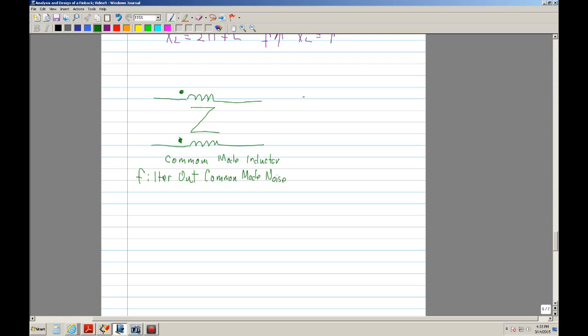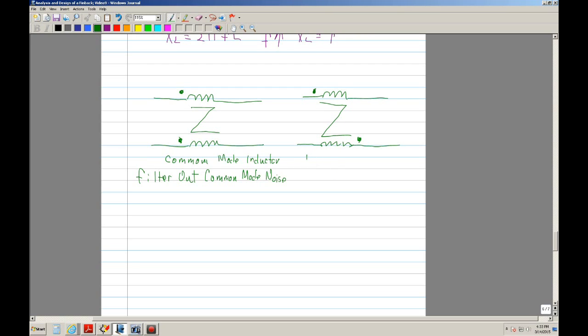And then you'll see inductors that look like this. There'll be a dot on one side and a dot on the opposite side.